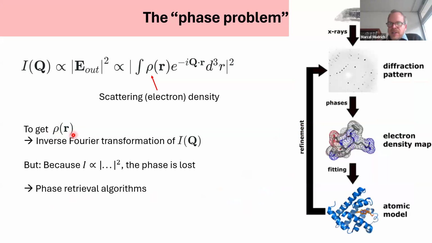This is typically done by an iterative approach, in the sense that we measure some diffraction pattern, and then forward simulate what kind of diffraction pattern we would expect for a specific electron density distribution that we guess by doing some intelligent guess, based on some atomic model.